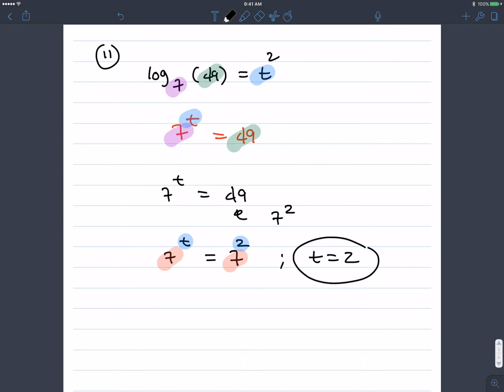So in this case again, t happens to be 2. And that's how we evaluate logs. So at this point, I want to emphasize use your properties of exponentials.